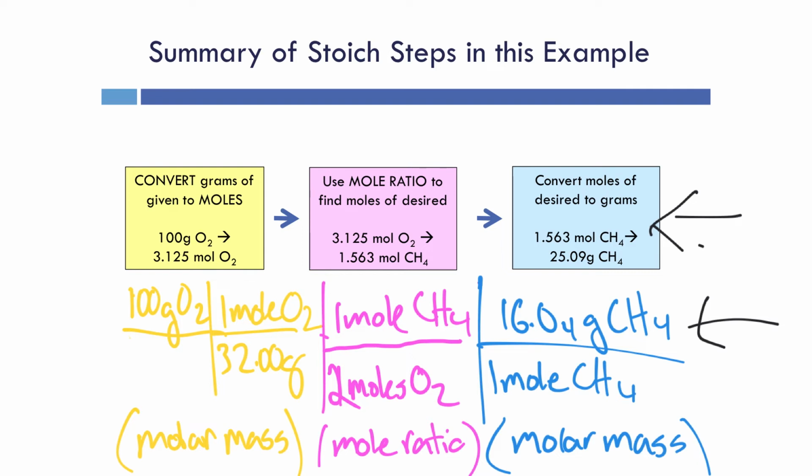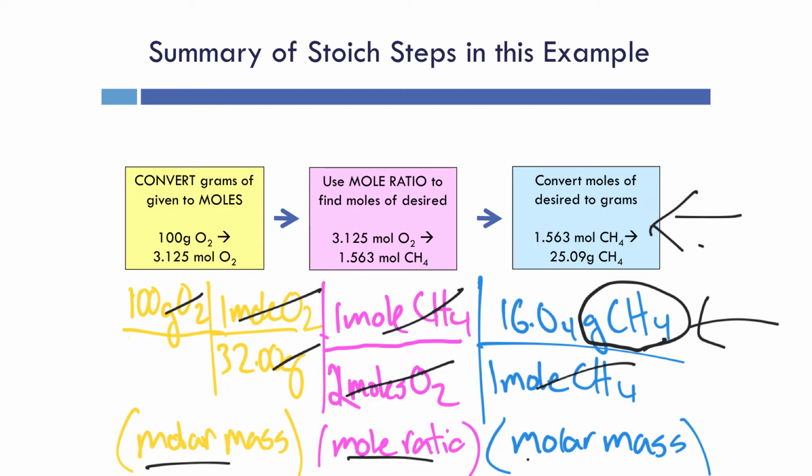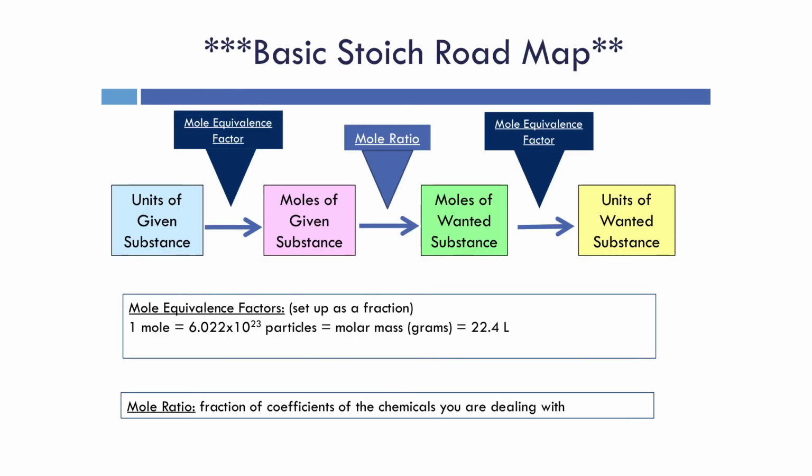So as you're going through, you're going to be like, okay, grams of oxygen cancel with grams of oxygen, mole of oxygen cancel with mole of oxygen, mole of methane cancel with mole of methane, and we're left with what we want to find in the end, grams of methane. And to do that, all we did were conversions of molar mass, mole ratios, and molar mass, which are all things you've done before. So hopefully by now you've realized that nothing that we're doing is difficult, but it just involves putting a bunch of steps together and keeping it organized.